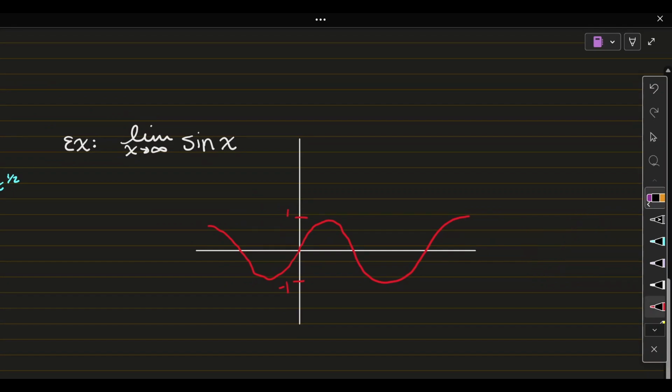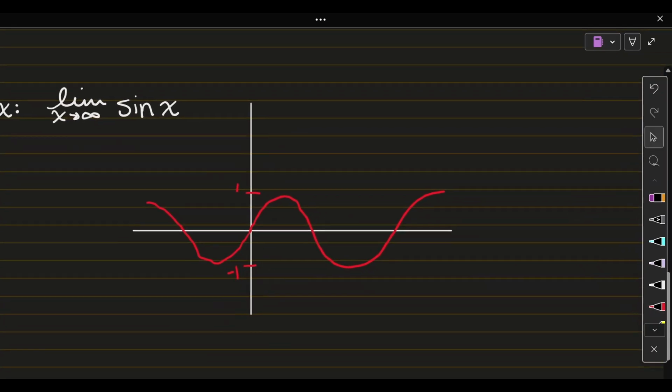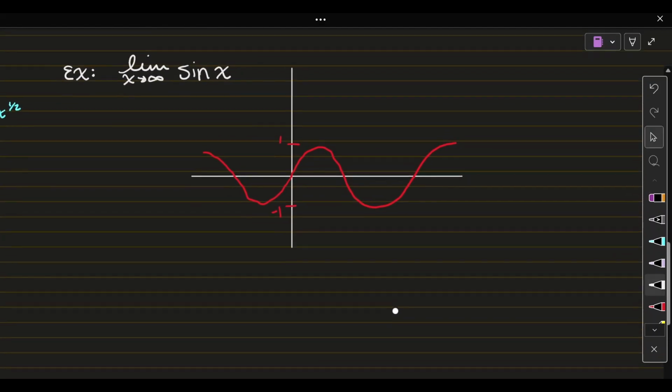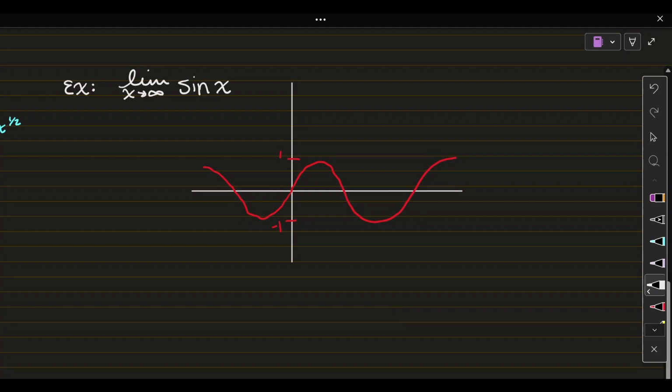If we can't find a value that it settles to, and what I mean by that is if we look at our other, think about 1 over x, right?